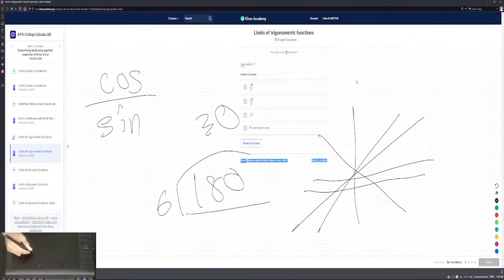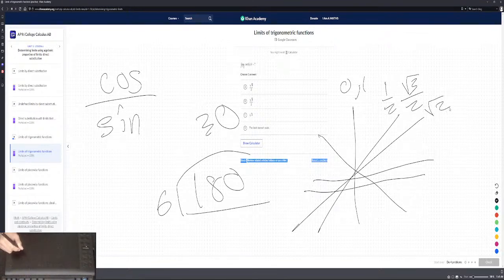So you start with 0, 1, then this becomes 3 over 2 and 1 over 2.